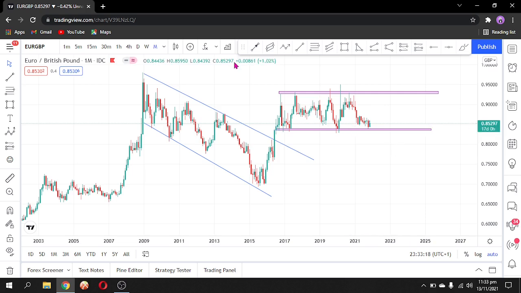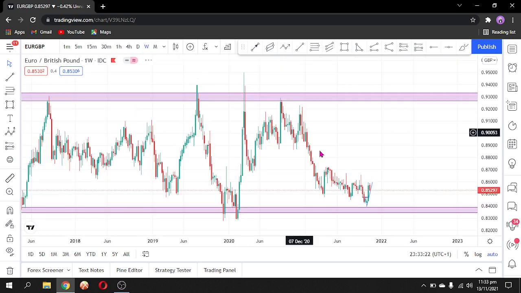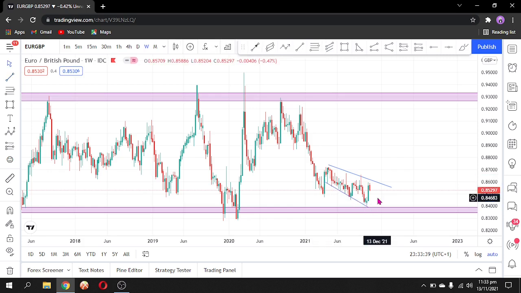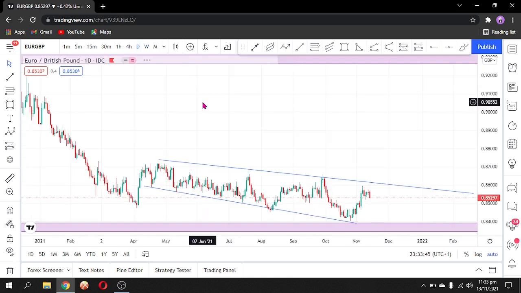So if we scale back to the weekly time frame, we would discover another trend line here, scaling back again to the daily time frame.